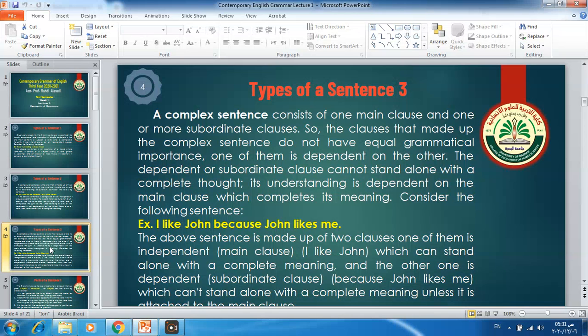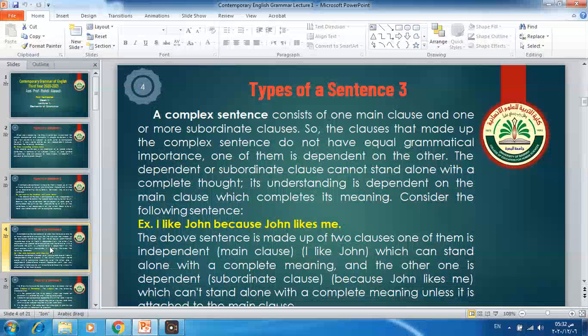A complex sentence consists of one main clause and one or more subordinate clauses. So the clauses that make up the complex sentence do not have equal grammatical importance. One of them is dependent on the other.